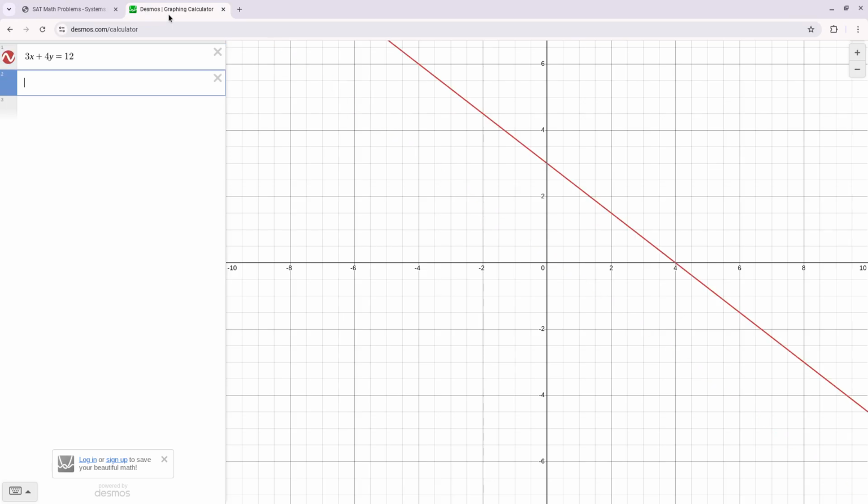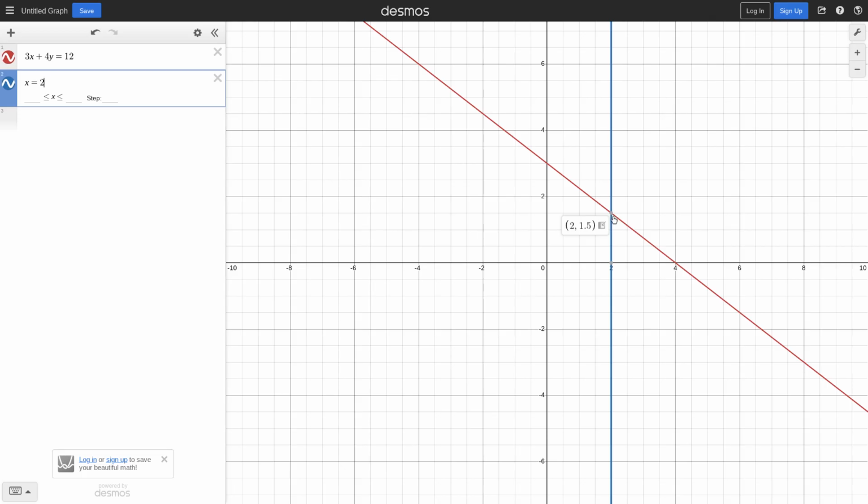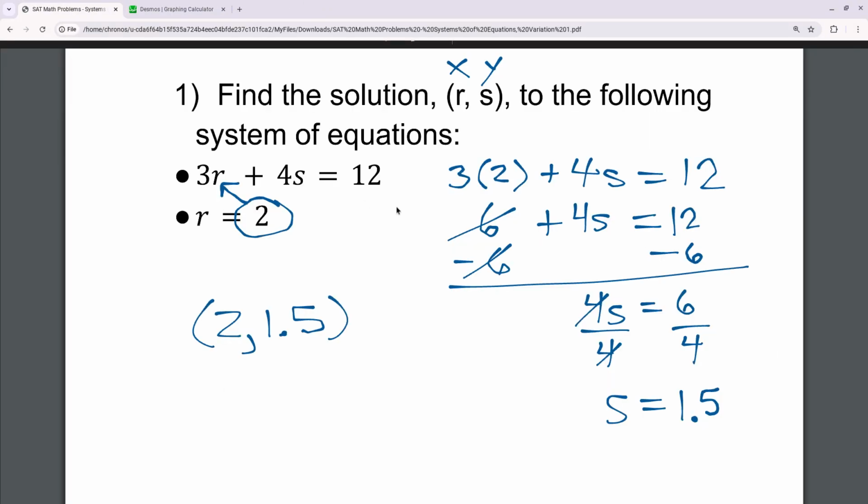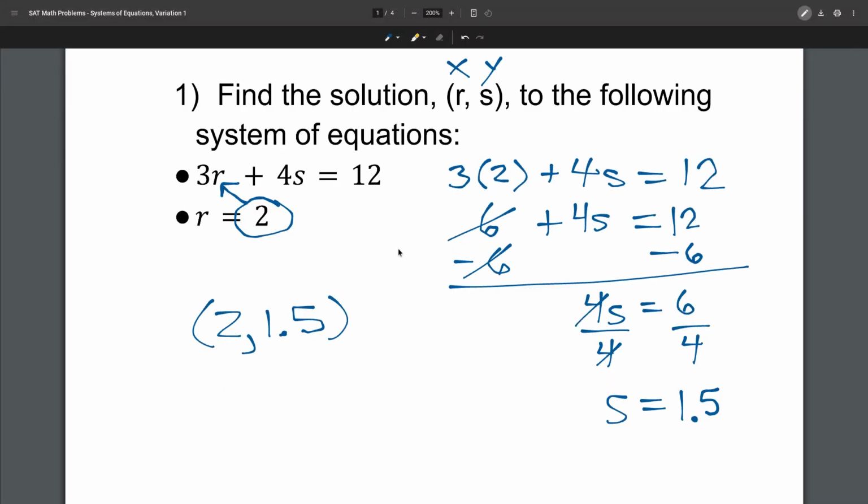And then for our other equation, we'll have x equals 2. And you'll see we have the solution 2, 1.5. So if you don't remember how to do substitution when you're taking the SAT, you can change these variables to x and y and plug it into Desmos. Okay? Let's try another one.